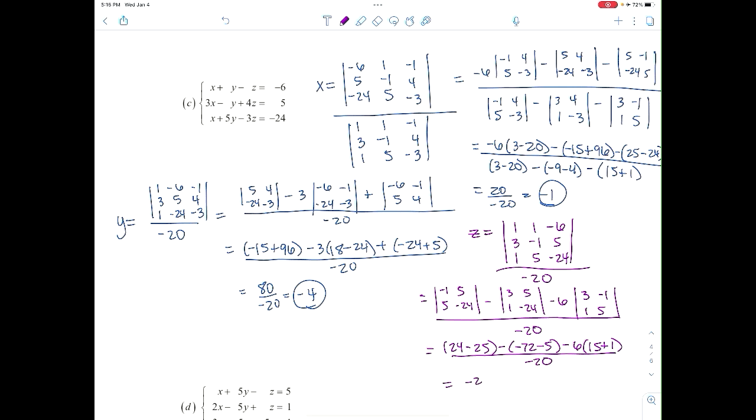This gives us negative 20 over negative 20, which is 1. So our solution: x equals negative 1, y equals negative 4, z equals 1.